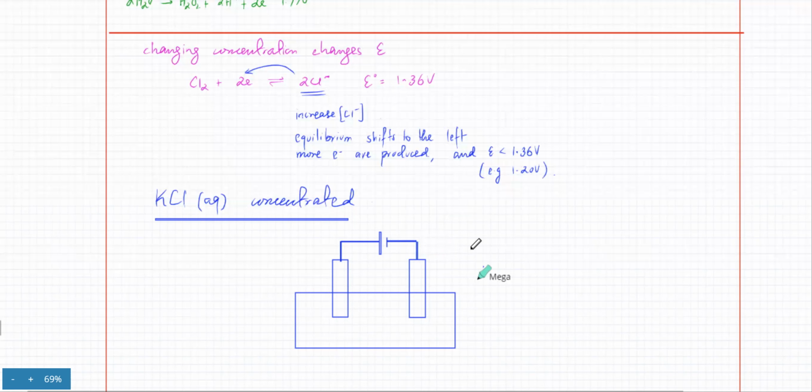Now if you try to do this electrolysis, KCl aqueous means there's going to be K⁺ and there's going to be Cl⁻, and on both sides there are going to be water molecules.